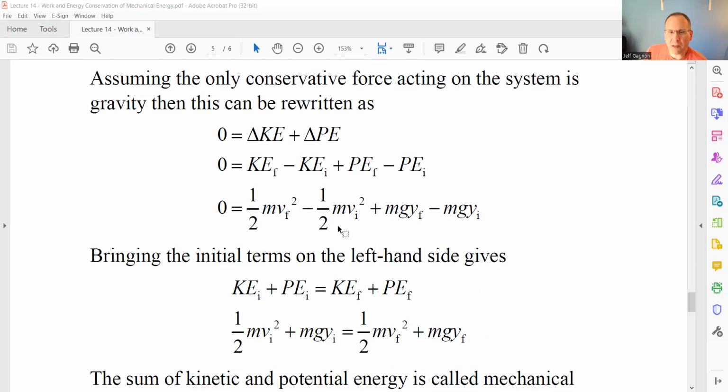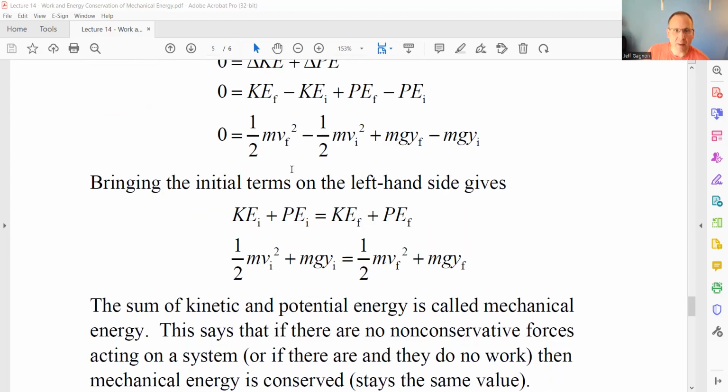And now usually we bring the negative terms to the left-hand side so they become positive. If I add 1/2 mv initial squared and mgy initial to both sides, I'm going to get KE initial plus PE initial equals KE final plus PE final. Or 1/2 mv initial squared plus mgy initial equals 1/2 mv final squared plus mgy final.